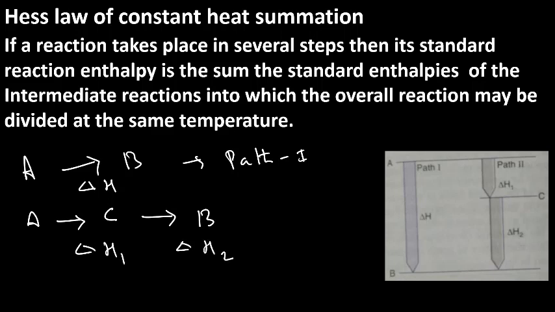According to the Hess law of constant heat summation, delta H is equal to delta H1 plus delta H2. So A to B is the overall reaction. The overall reaction is divided into two steps at the same temperature. The first step is A to C and the second step is C to B.